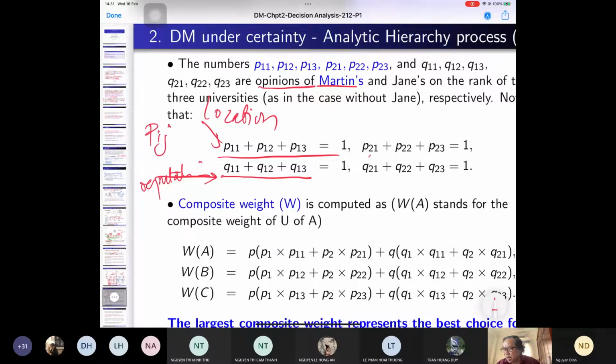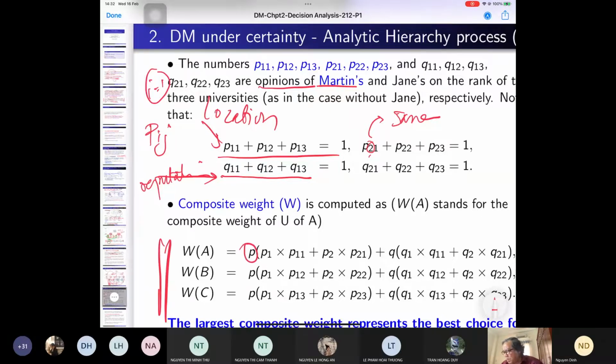P-I-J. So I equal 1 means Martin, and I equal 2 means Jane. The two things here: on the left is the weight of Martin, and the weight of Jane, and we calculate the composite weight.